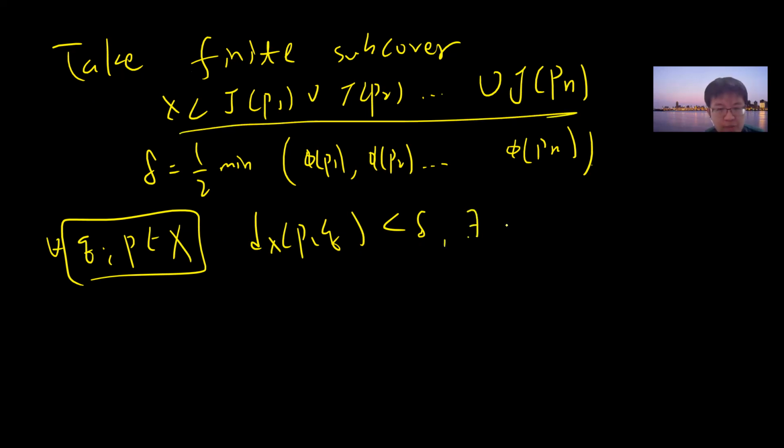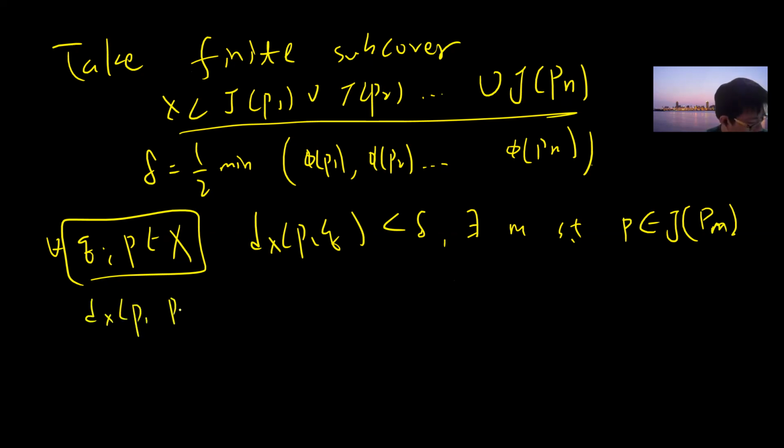So there exists m such that p belongs to the ball J(pm), so p belongs to some ball around pm. So dX(p,pm) is less than half of phi(pm).